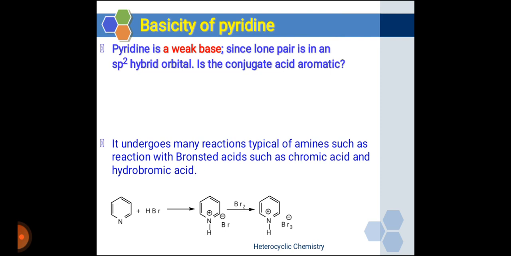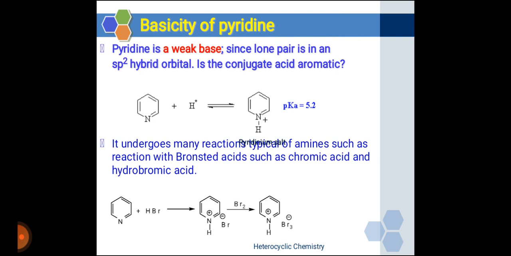This pyridine molecule reacts with H+, that means a proton acid, to form the NH bond, because the nitrogen donates the lone pair of electrons to the proton to form N+. The hydrogenated pyridine molecule is formed. That molecule's pKa value is 5.2, so it acts as a weak base.